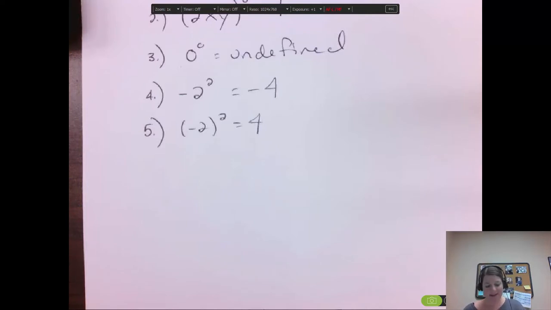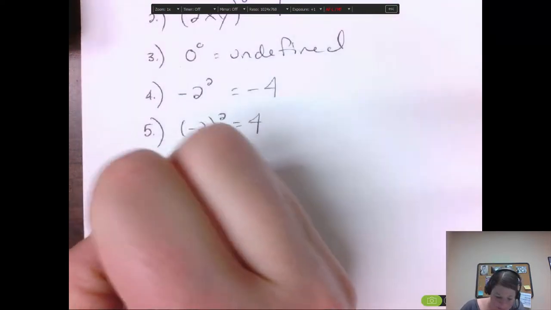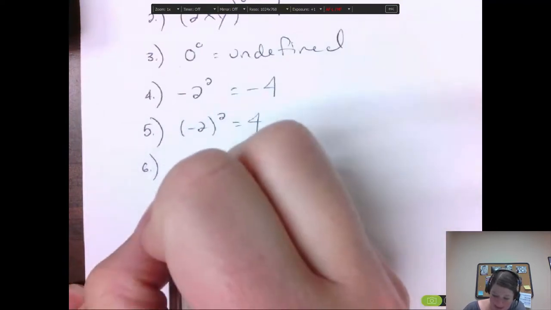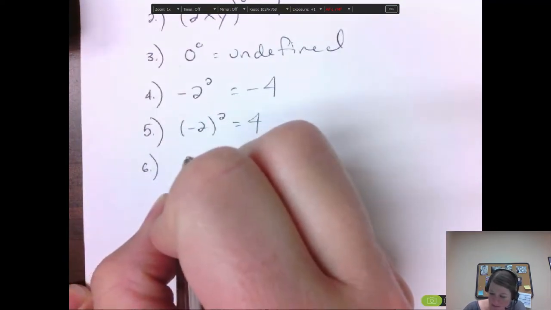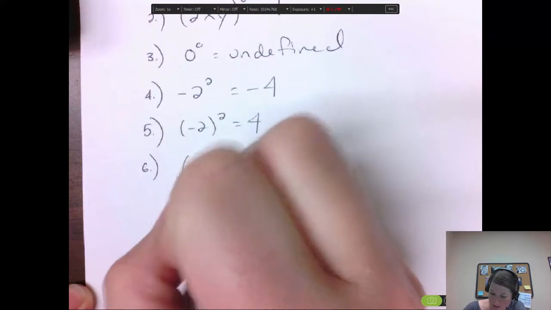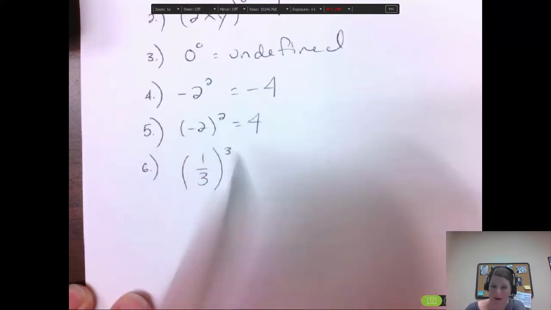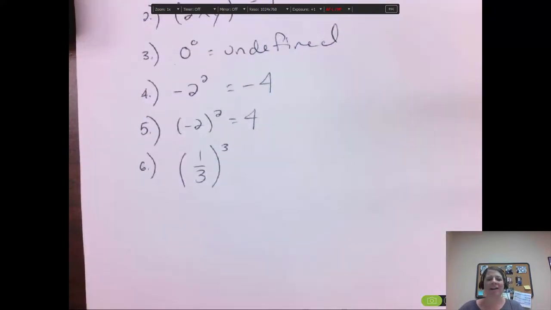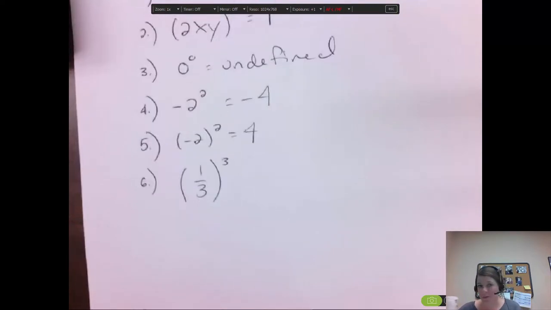Okay, let's look at a couple tricky things too. What if I have something like 1/3 to the 3rd power? If I have a fraction to a 3rd power, and I just did numbers on this one, but you will end up with letters in them as well in this section.